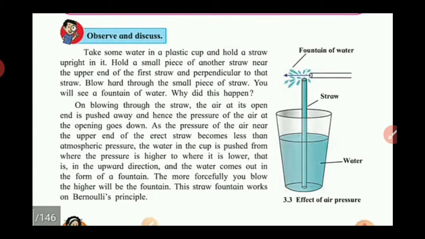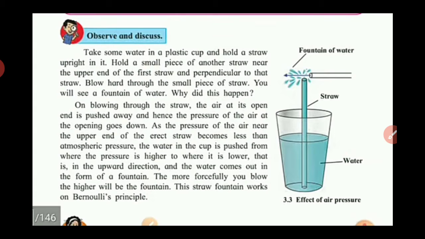For this we also see the example of a cardboard placed on a glass filled with water. By doing this activity we observe how atmospheric pressure is exerted on that cardboard.